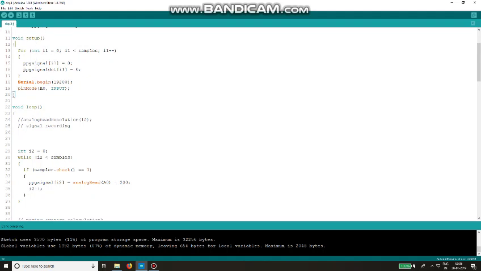In it we initialize PPG signal and PPG signal DCT to 0, specify the baud rate, which is set at 19,200 bits per second, and specify the pin mode, which is the A0 pin. We'll be taking the signal input from the A0 pin.